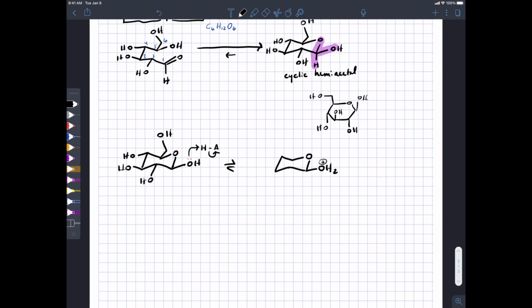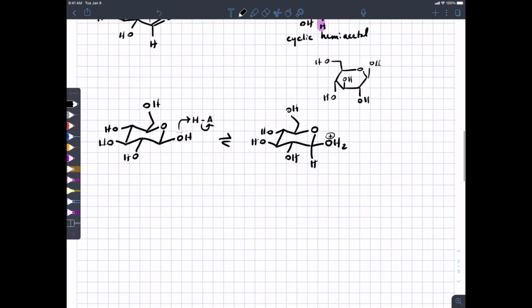And I'm drawing this for you not because it's important to memorize the structure, but I want you to see how what we're doing applies to biology. So if you compare what we're doing now to what we did above in acetal formation, we need to get rid of water as a leaving group to make a place for the new nucleophile to come in. So electrons on that neutral oxygen kick down and water leaves.